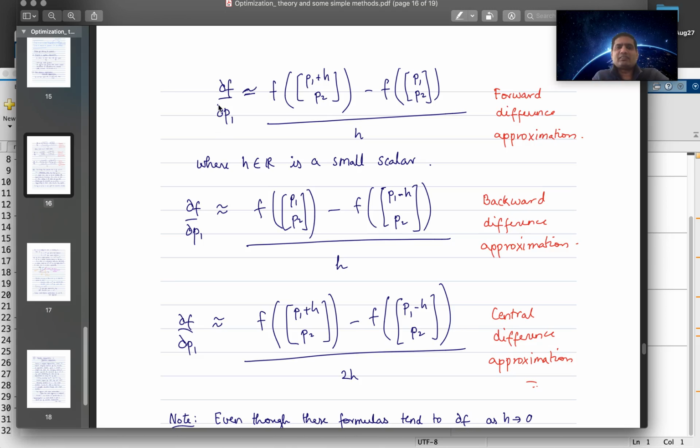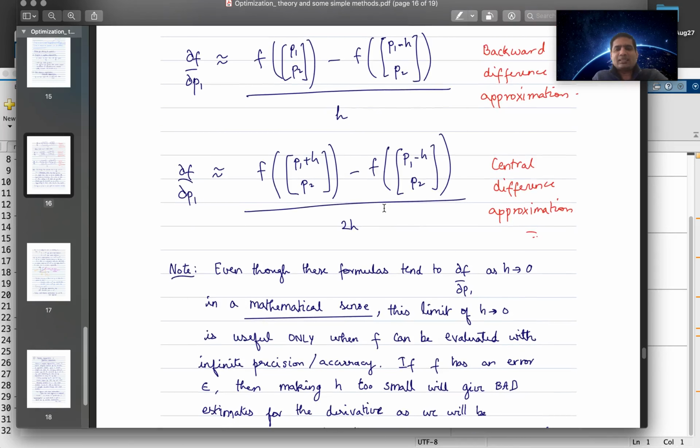So the derivative estimate will be more and more accurate if you take h closer and closer to 0. In fact, that is literally how we define the derivative. The derivative is the limit of this ratio, in the mathematical sense.